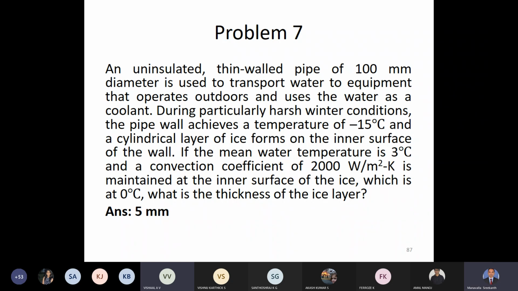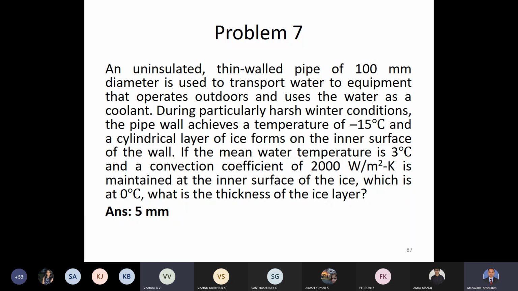Anyway, we'll start. Here, an uninsulated thin-walled pipe of 100 millimeter diameter is used to transport water to equipment that operates outdoors and uses the water as a coolant. So there is a pipe carrying water. During particularly harsh winter conditions, the pipe wall achieves a temperature of minus 15 degrees Celsius, and a cylindrical layer of ice forms on the inner surface of the wall.